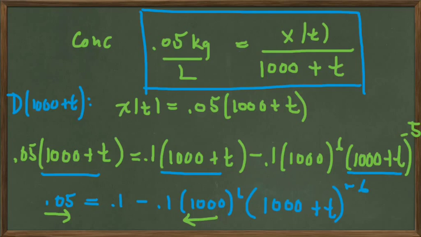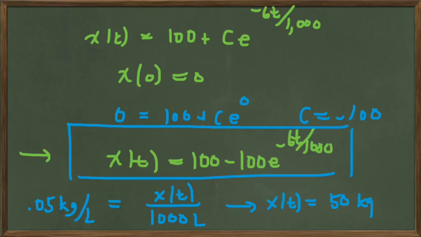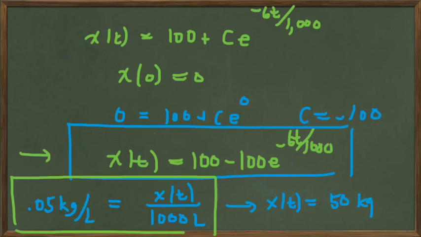So in this second example, that was x of t over 1,000 plus t, and that was 0.05 kilograms per liter. And in the first example, we set 0.05 kilograms per liter equal to not x of t, but x of t over the amount of fluid in the tank, which was 1,000 liters.